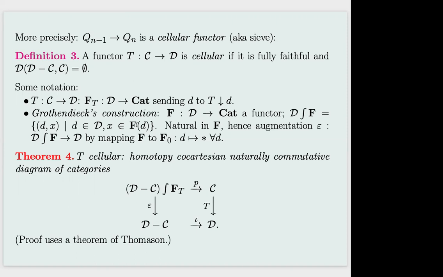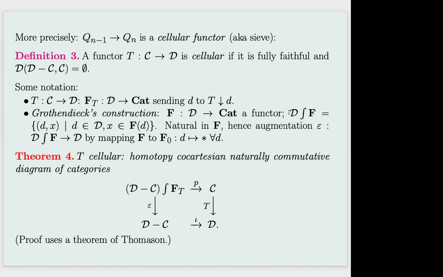If you have a morphism from d to d', then I have a functor from F(d) to F(d'), and a map from (d, X) to (d', X') will be a map from d to d' and a map from F(d)(X) to X'.